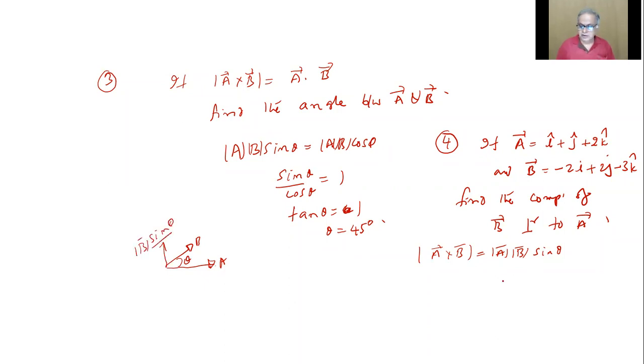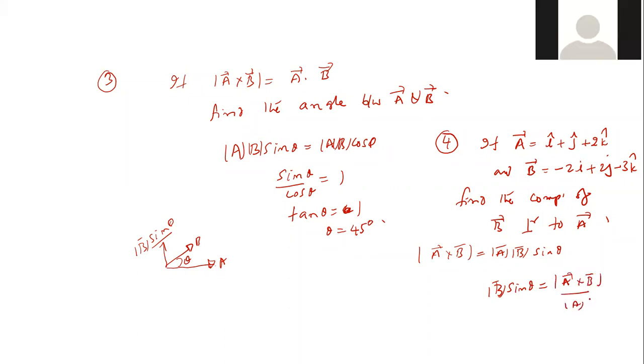So what will B sin theta be here? A cross B mod divided by mod A. That's not correct, mathematics must be perfect. So now calculate mod of A cross B. You know what to do, don't you?